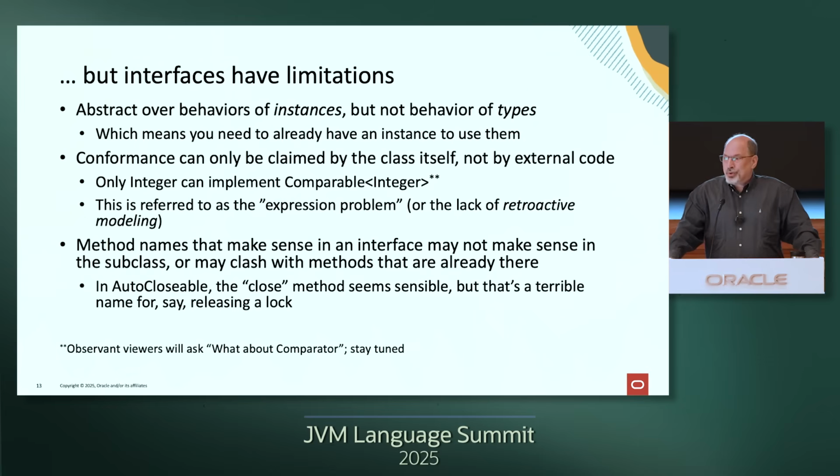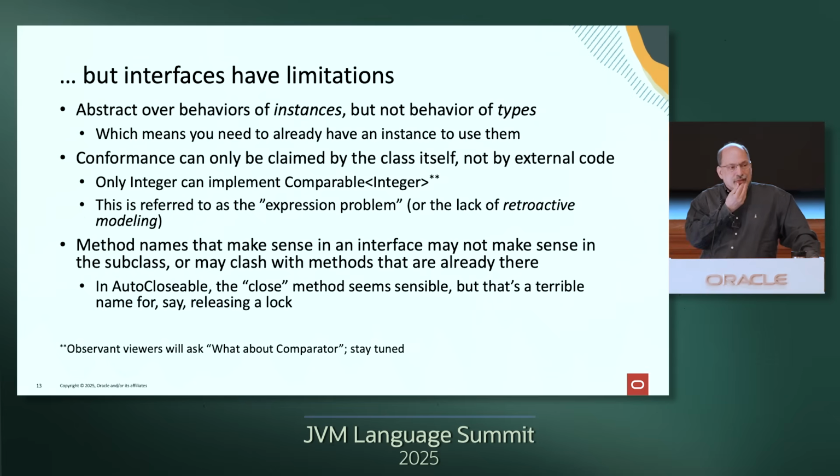It's also sometimes called the inability to do retroactive modeling. In the case of Integer and Comparable, it's not a problem because they're both in the same module. It's easy for Integer to implement Comparable. But when new operations come along that are not in the Java base module, we're unable to reflect that, yes, I know this thing about integers, in a first-class way.